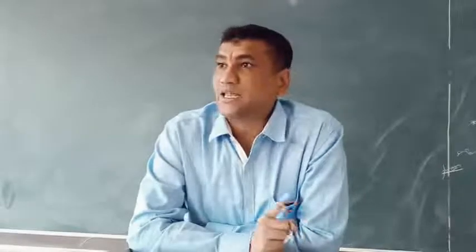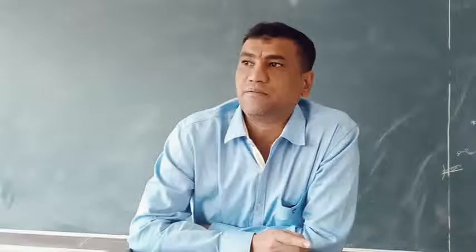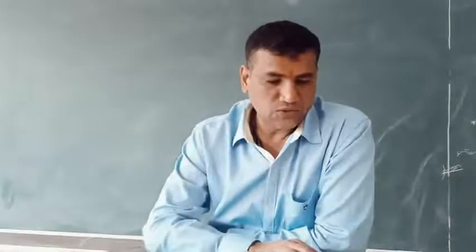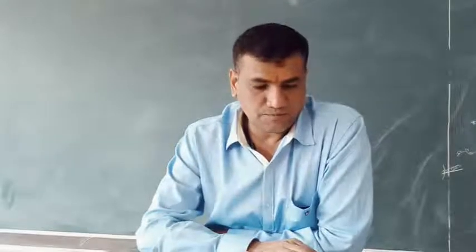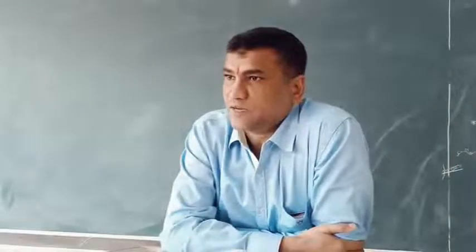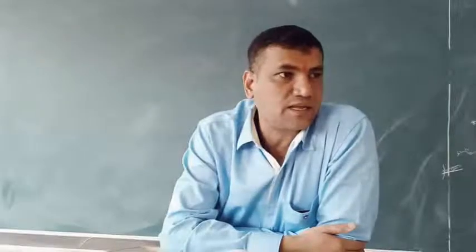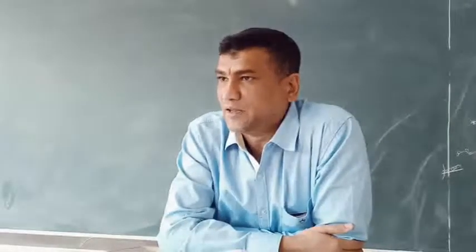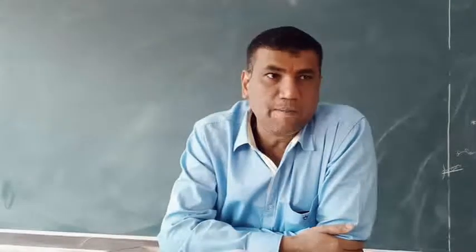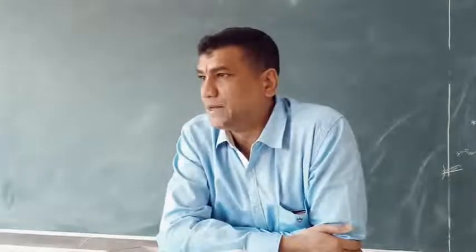But the fourth one, there is a chance of becoming albino. Okay, so the first one can be normal, homozygous normal. Second one and third one can be heterozygous normal. Fourth one can be albino.